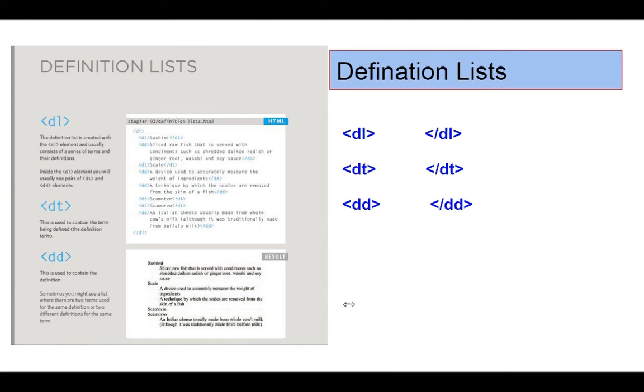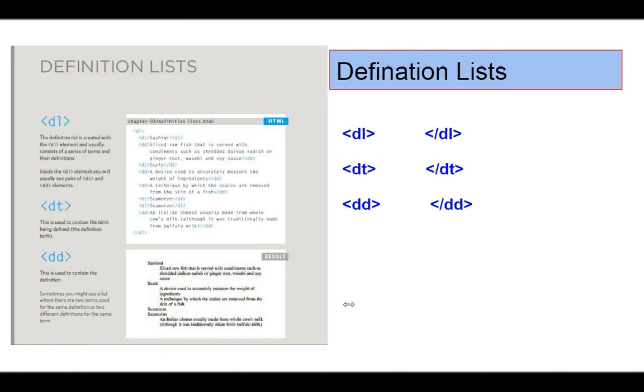So the next list is the definition list. This is also a similar type, where we denote a definition list by DL and DT. A definition list is created by the DL tag, and its elements usually consist of a series of terms and their definitions.